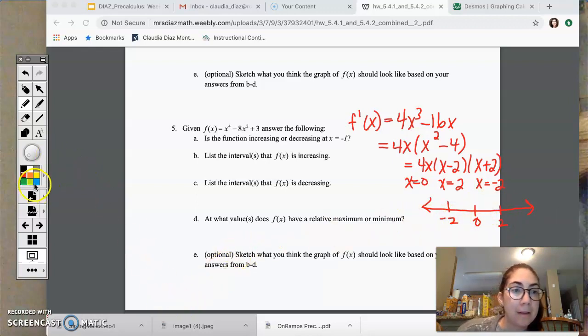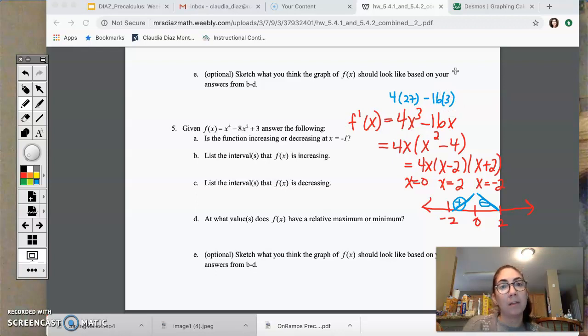All right. Next thing we're going to do is plot some values, like maybe negative 1. What happens when I plug in negative 1? That's negative 4. Negative times negative is positive, so negative 4 plus 16 is a positive value. So this is positive. What happens when I plug in positive 1? Well, that's positive 4 minus 16. That's negative. What happens when I plug in 3? 3 cubed is 27 times 4 minus 16 times 3.